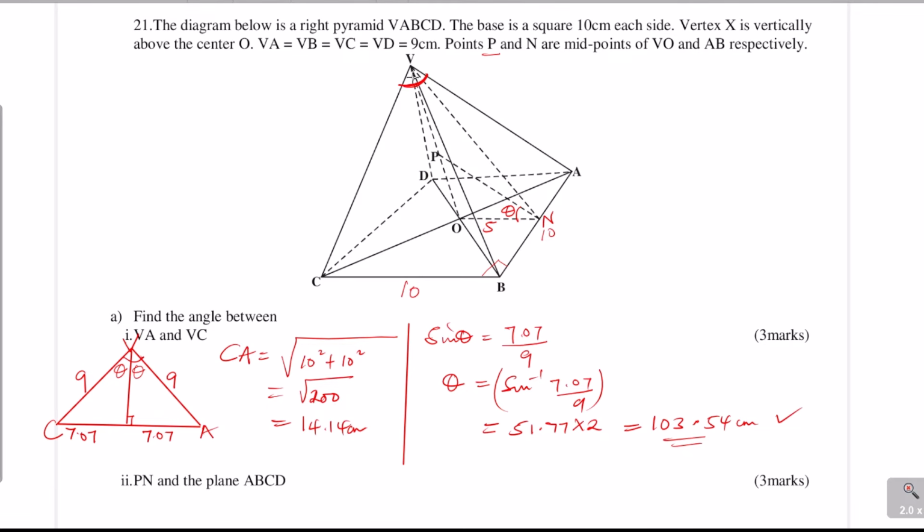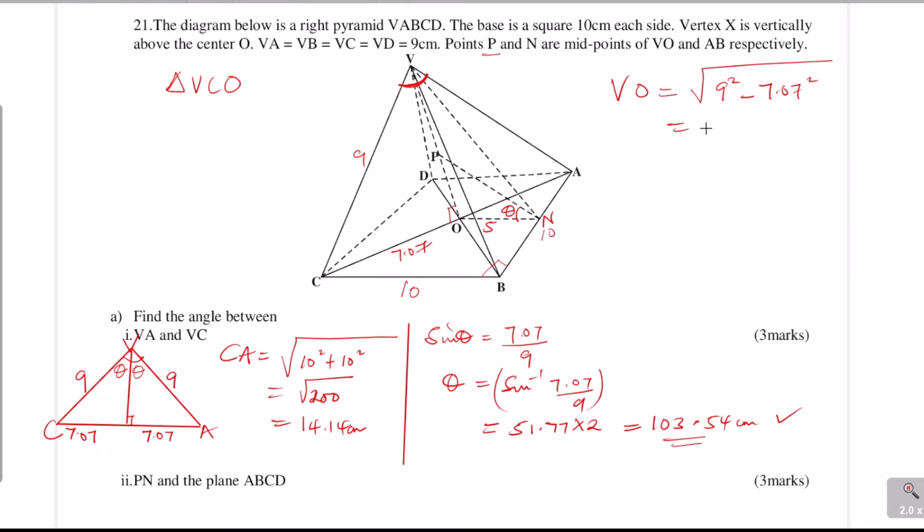It is possible to get VO because I will simply use triangle VCO, which has 90 degrees at that point. This is 7.07, and this one is 9. So VO will be given by the square root of, this is Pythagoras theorem, 9 squared minus 7.07 squared. That is what is going to give VO.